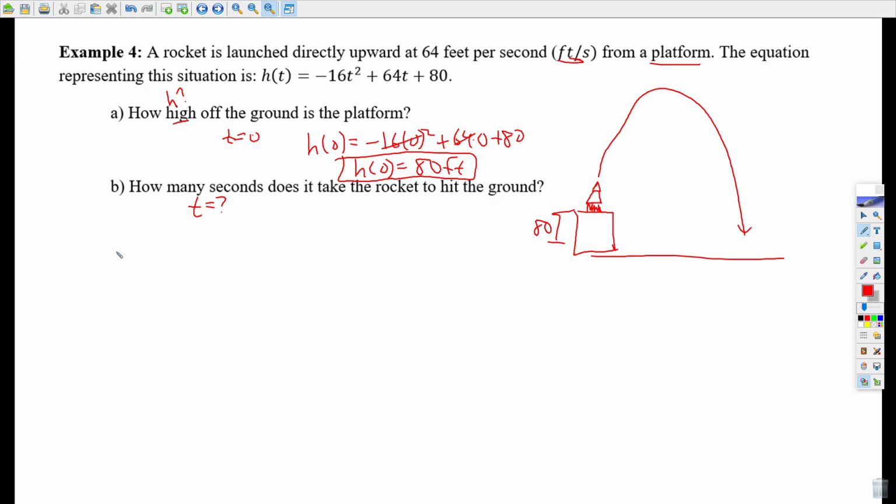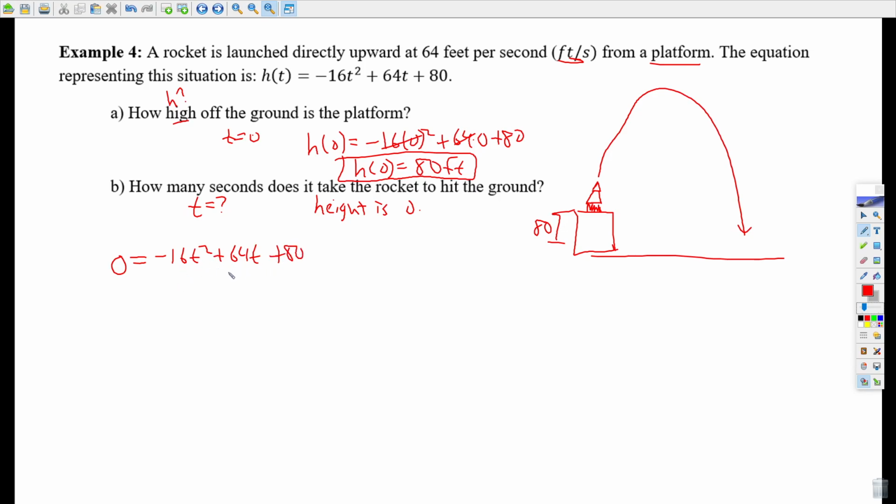So let's go ahead and plug in 0 for the height. I'll say height is 0. So if we have, 0 equals negative 16t squared plus 64t plus 80.